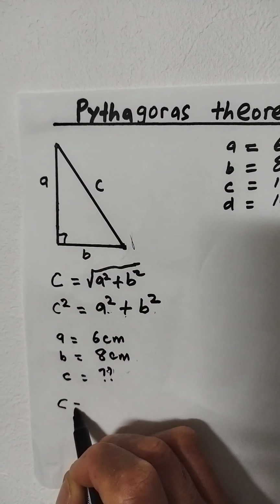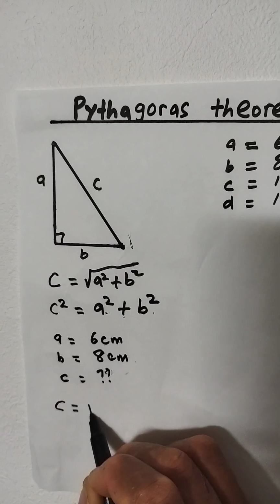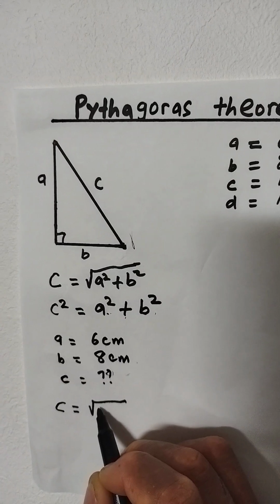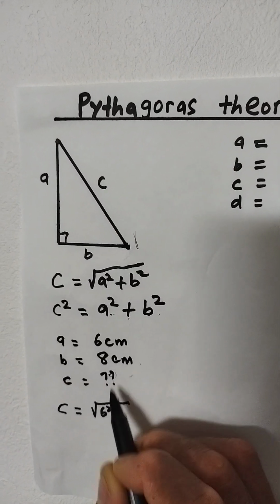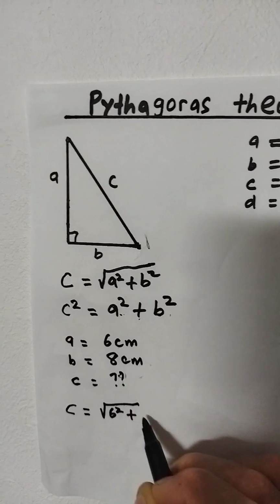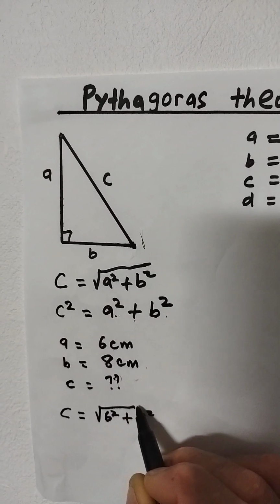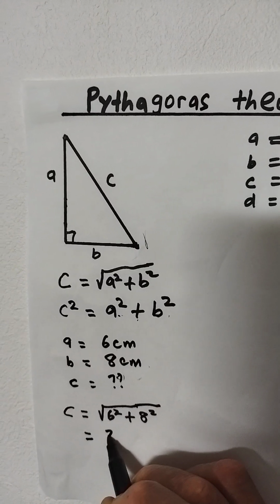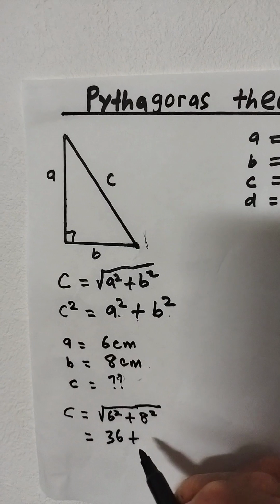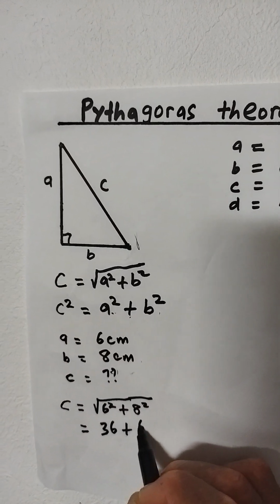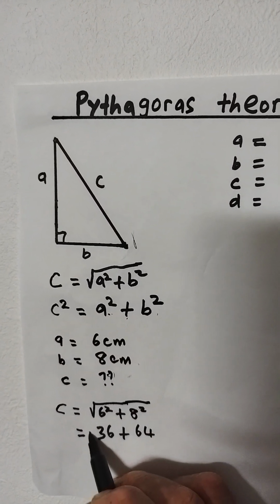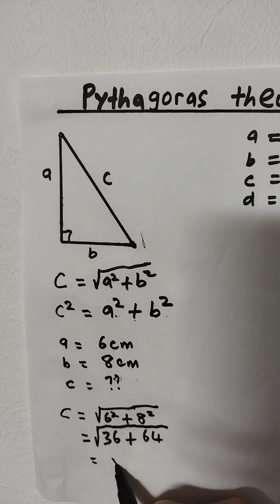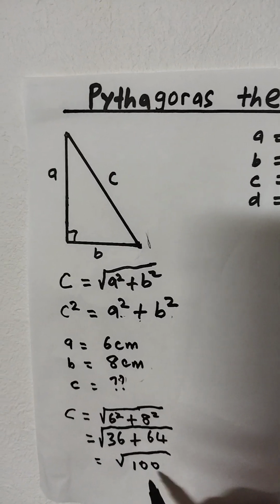C equals the square root of 6 squared, which is A, plus 8 squared. This square root is equal to 36 plus 64, all under the square root, which is equal to the square root of 100.